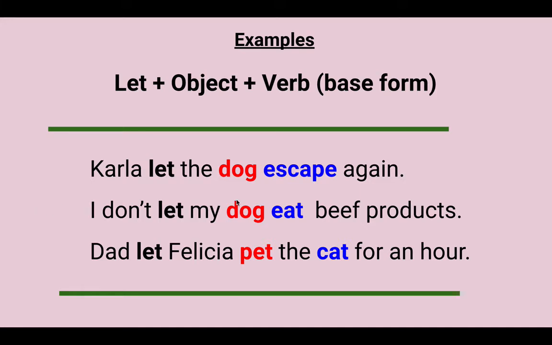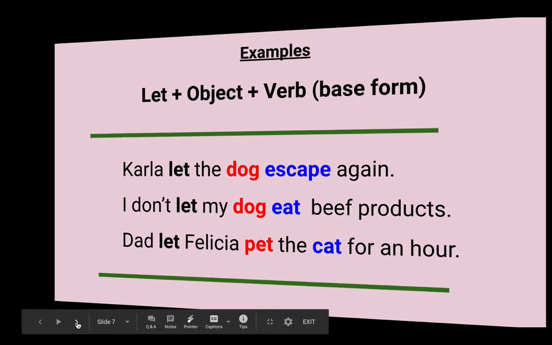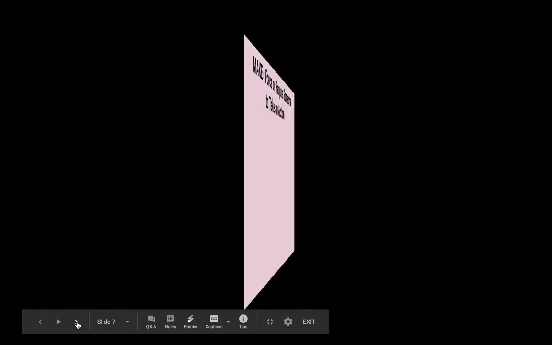Again, I don't necessarily eat beef products or not eat them, but the point is that I don't let my dog eat them. So I cause my dog not to eat beef products. And the last one, Dad does not pet the cat, but Dad somehow allows Felicia to pet the cat. So he's causing Felicia to pet the cat.